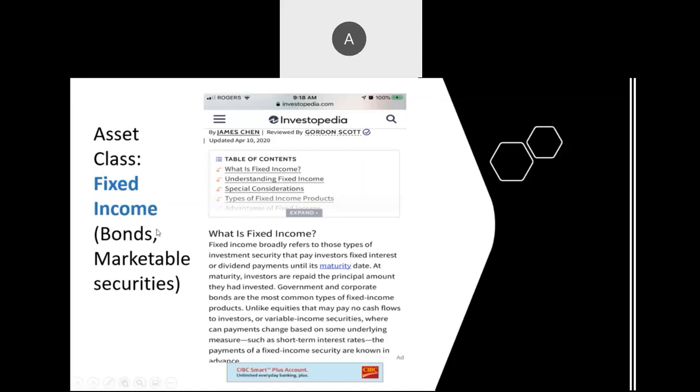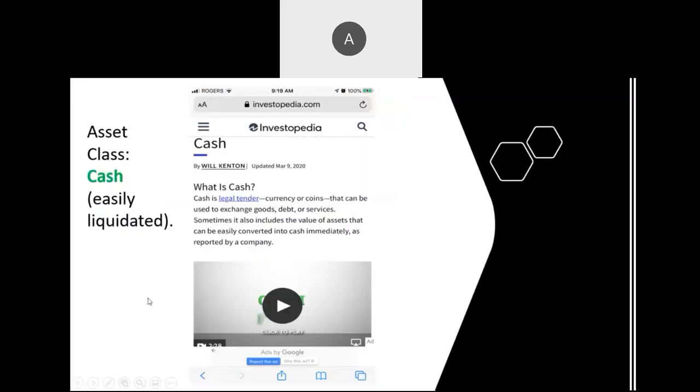So fixed income includes bonds as well as marketable securities. And this is a very long list that I won't go into right here. The third asset class. On the face of the earth, we have basically three asset classes: stocks, bonds, and cash.